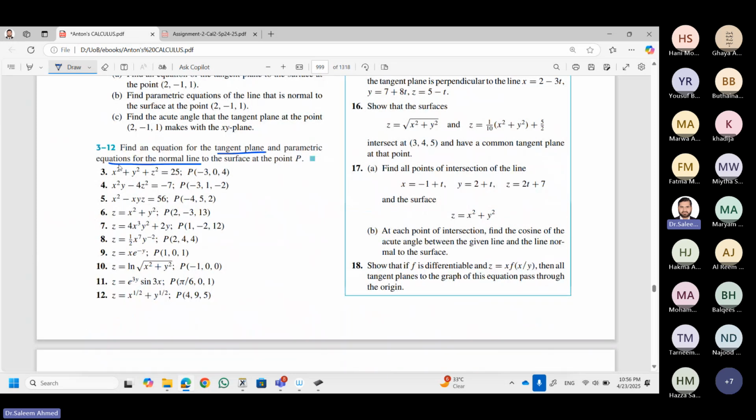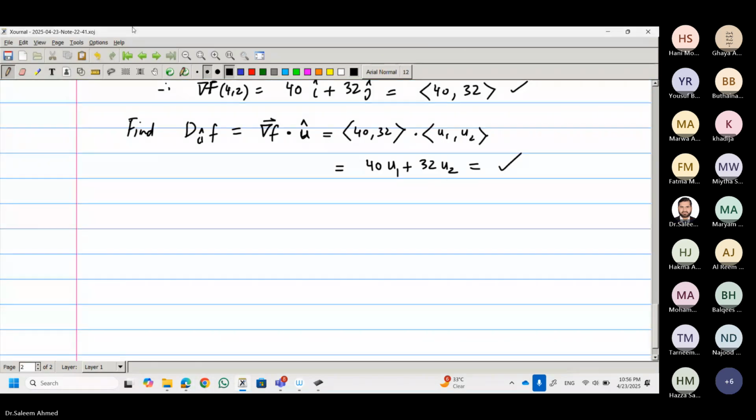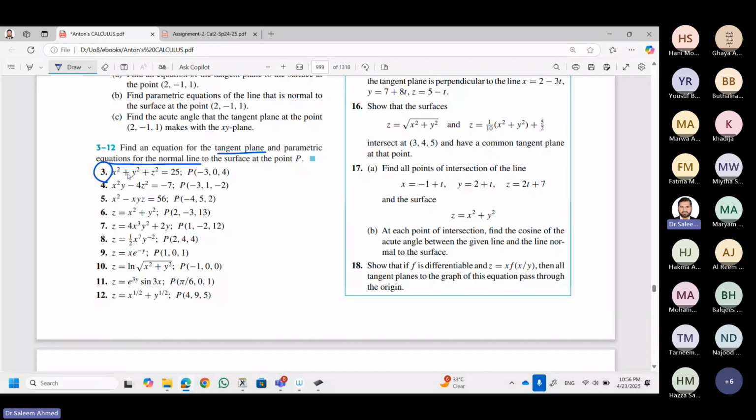So let's say I pick a question from here, 13.7 number 3. If the surface is given like that, it's good. But if a surface is given like that, you have to bring z to this side. Your capital F(x, y, z) is, if you bring everything to one side, 4x^3 y^2 plus 2y minus z, right?